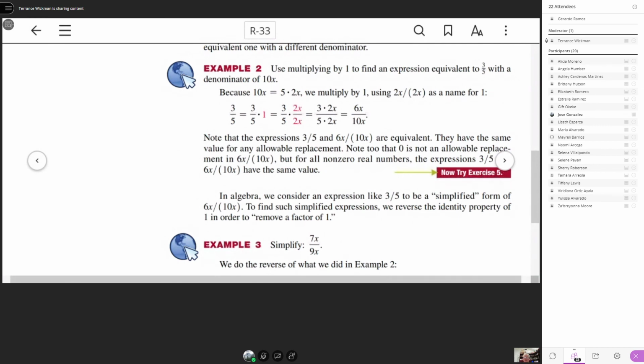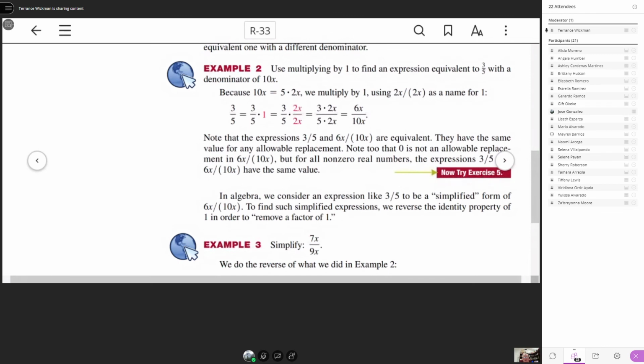So they multiply the top by 2x, and they multiply the bottom by 2x, which gives you 6x over 10x, which is equivalent. Why? Because you can cancel. What I would have done is multiply both of them by the 2. The x part is confusing. So you have 2 times 3, which would give you 6, and 2 times 5, which would give you 10. So that's how I would start out.